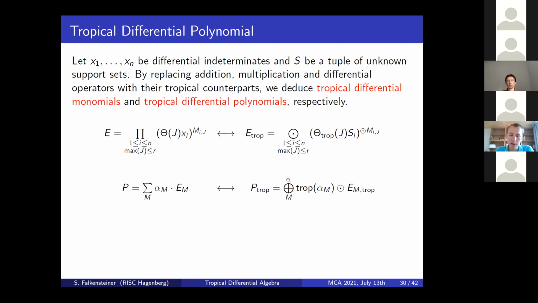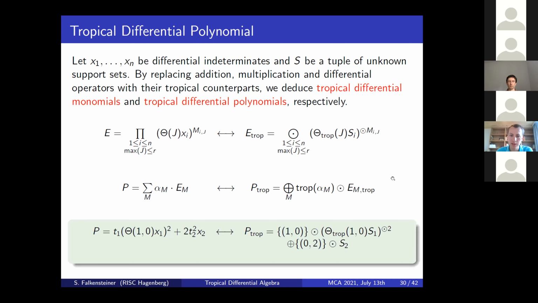And if we also allow multivariate power series coefficients alpha, then they have to be tropicalized. Remember, this is taking the support and afterwards the vertex map. Additionally, we have to replace the addition by the tropical version. Here is an example. You can see, just replace everything by the tropical analogon we have already defined.